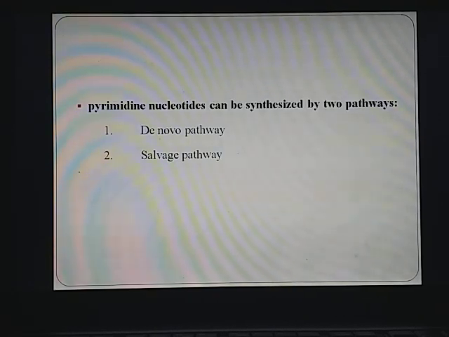The pyrimidine nucleotides can be synthesized by two different pathways: the de novo pathway and the salvage pathway.